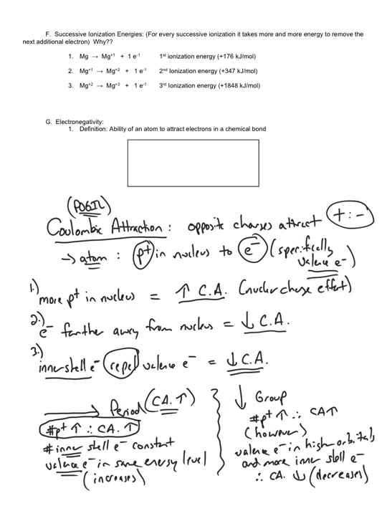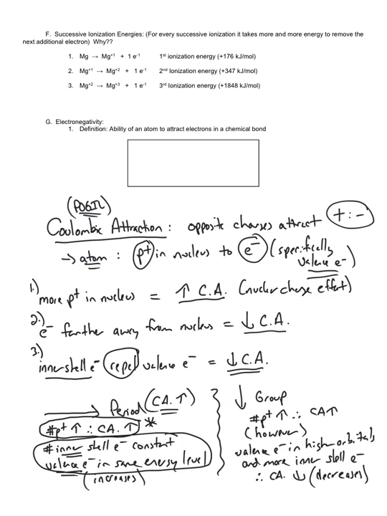Also, when we go across the period, we are simply adding electrons to the valence shell. We are not adding any electrons in the inner shells. Therefore, the number of inner shell electrons is constant. So both variables, 2 and 3, are pretty much staying constant. The only variable that is significantly changing is the number of protons in the nucleus.